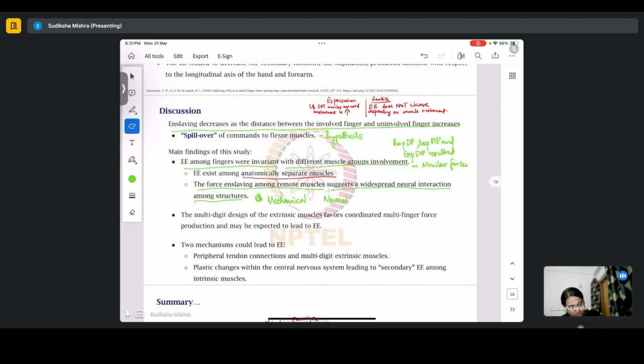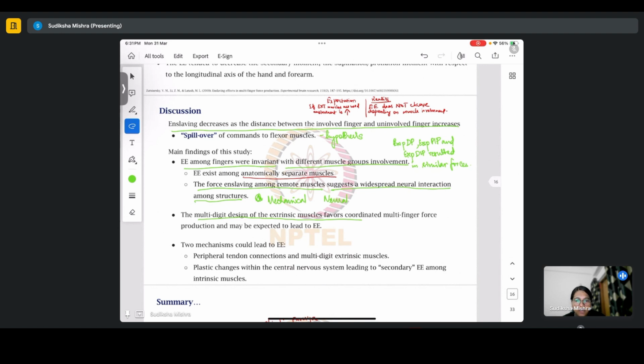Also, the multi-digit design of the extrinsic muscles probably favors coordinated multi-finger force production, and this may be expected to lead to enslavement effects.